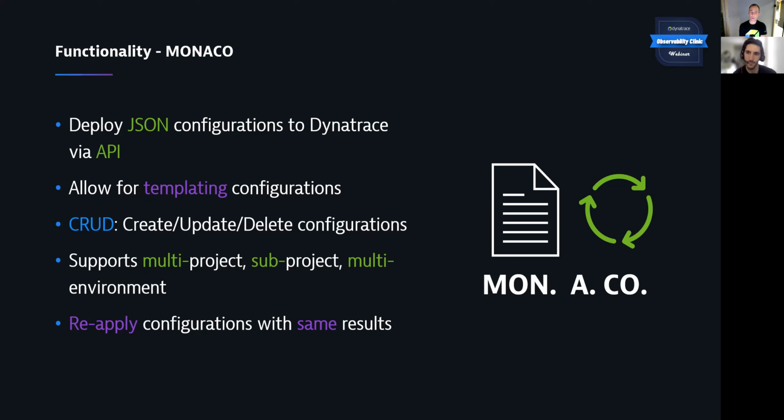We also did an announcement at our Perform conference in 2022, just a couple of weeks ago, where we talked about software intelligence as code. This is really the way we see Monaco being applied by our customers at enterprise scale to configure everything that Dynatrace provides. And I really love it. It's all declarative, version controlled, perfectly fits into your GitOps model, and it has a fancy, really cool name. Exactly.